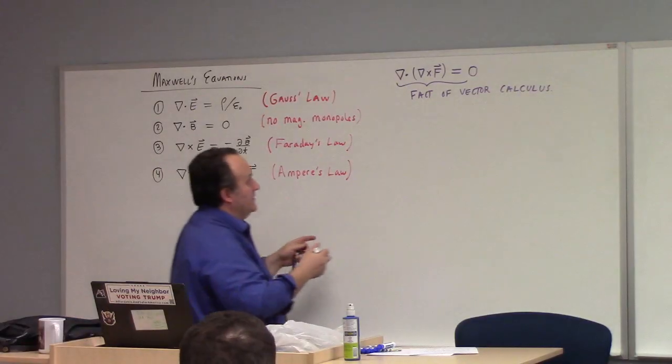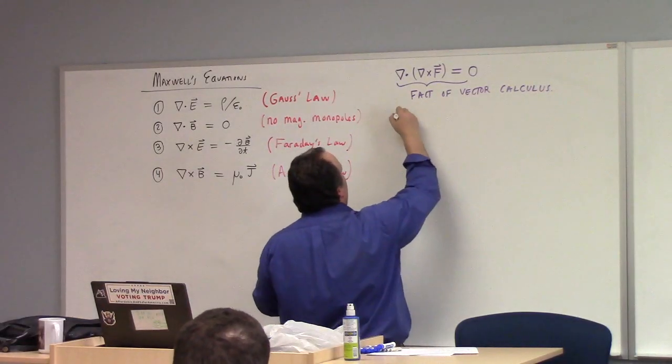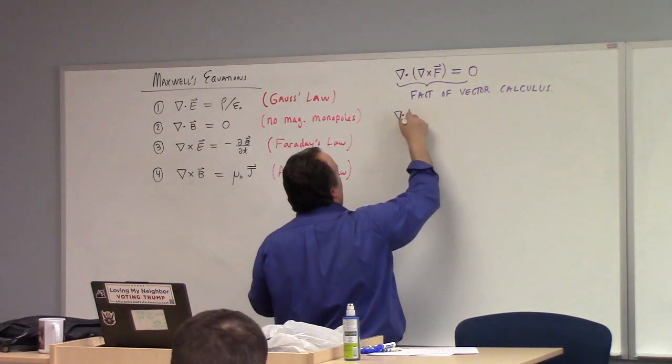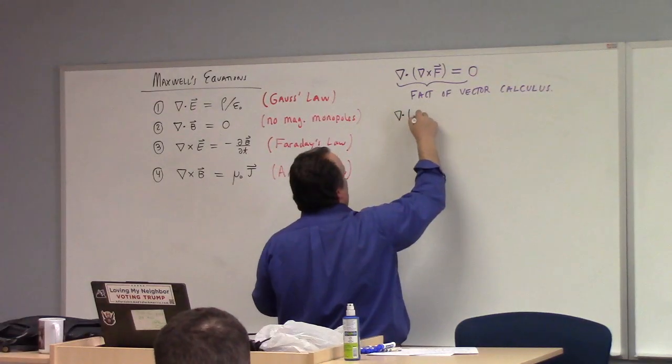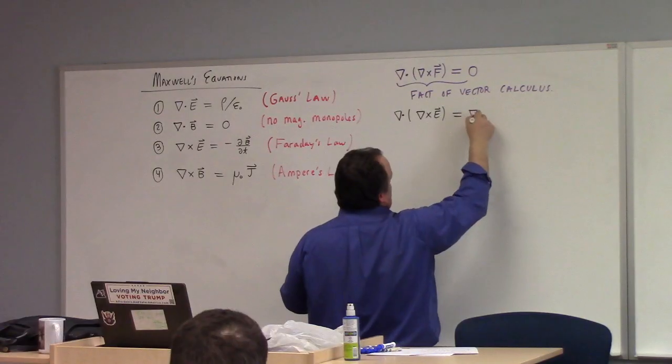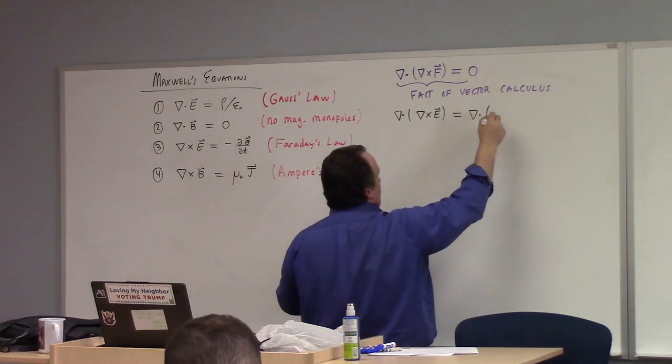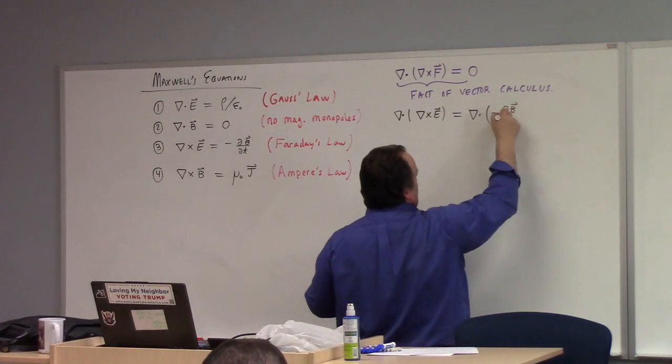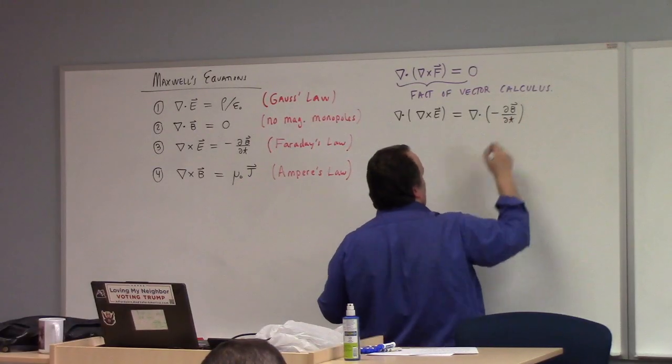So if we look at the divergence of, let's say, the curl of E, well, that's the divergence of minus the time derivative of the magnetic field, by Faraday's law.